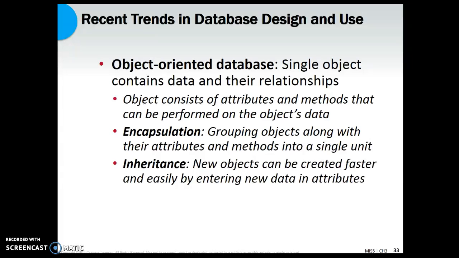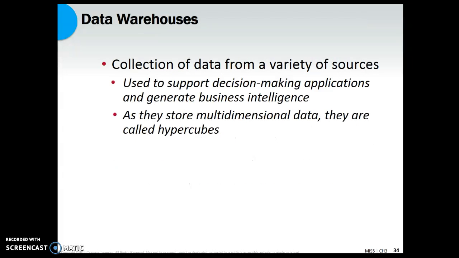There's what is called encapsulation, a grouping of objects with their attributes and methods into a single unit. And there's also inheritance. Any new objects that are created can be done a lot quicker because there's inheritance that goes with the attributes of the new data that's created.